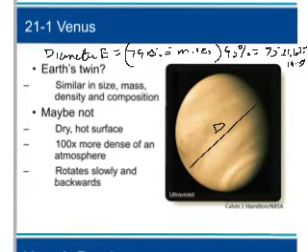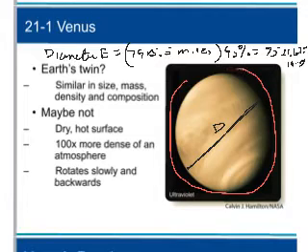So if we have the diameter of Venus right there, Earth's diameter is just slightly larger, just a little bit larger, not that much of a difference. If the diameter of Earth is 100%, Venus is 95% of that.